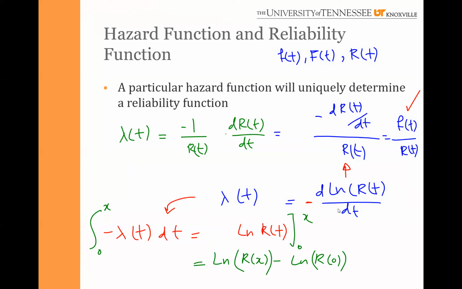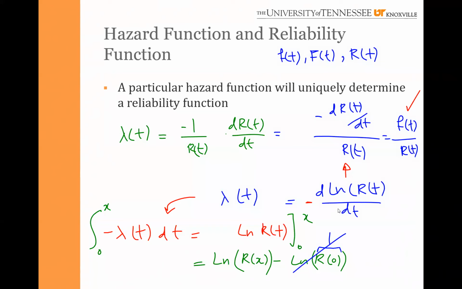Are you with me? What is reliability at time 0? 1. What is ln of 1? There we go. So this whole thing cancels, and I have ln of R(x) equal to something.